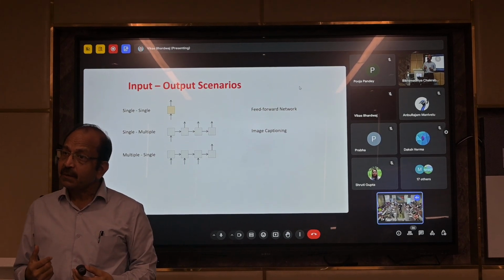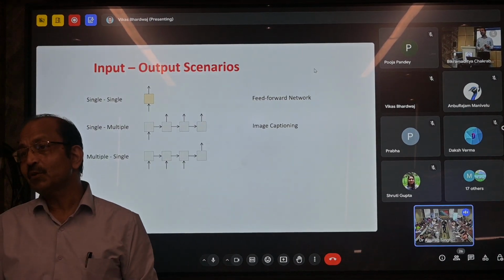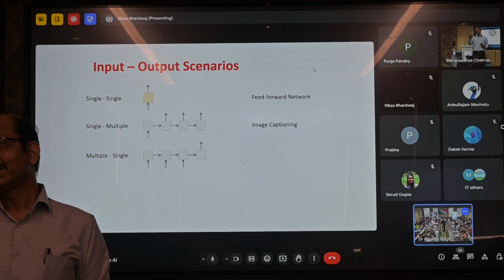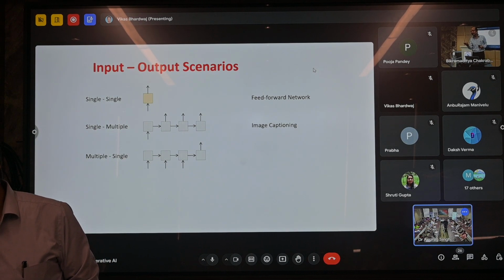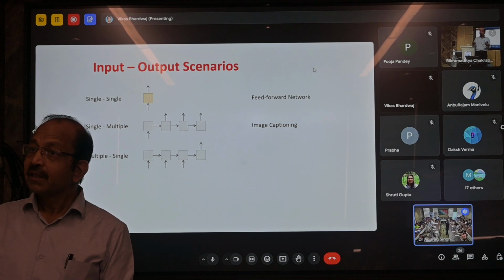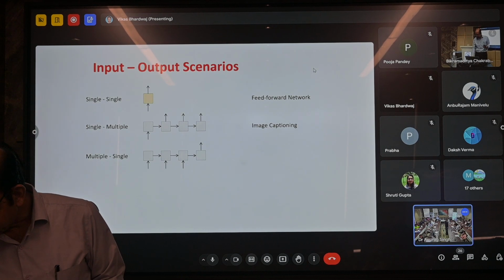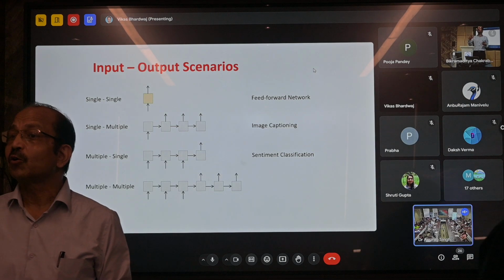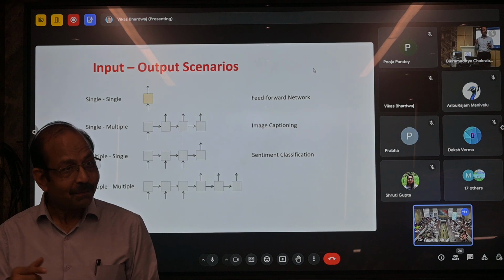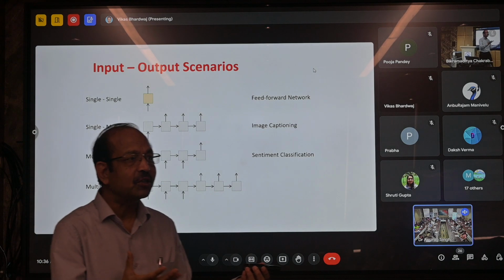What is another kind of problem you can solve? Multiple input, single output. What is an example? Sentiment classification, or tweet classification. Then you have multiple input, multiple output. Think about a video.